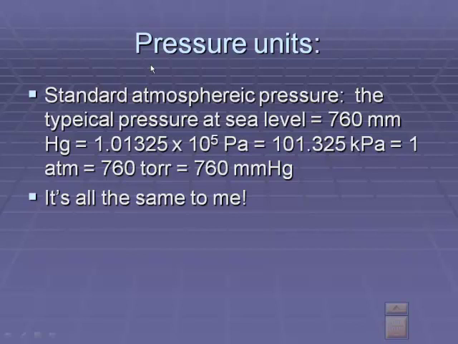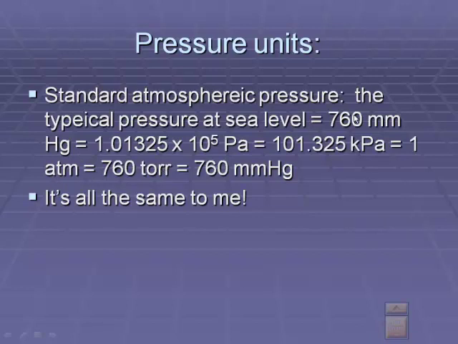The typical pressure at sea level. So here are some major conversions. We're talking about all the different types of units that we could possibly use. The number 760 millimeters of mercury is equal to 1.01325 times 10 to the 5th pascals, which is the SI unit for pressure, which is technically equal to 101.325 kilopascals, which is equal to 1 atmosphere, which we're familiar with, which is equal to 760 torr.